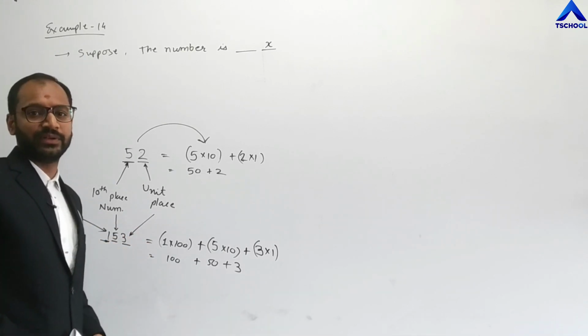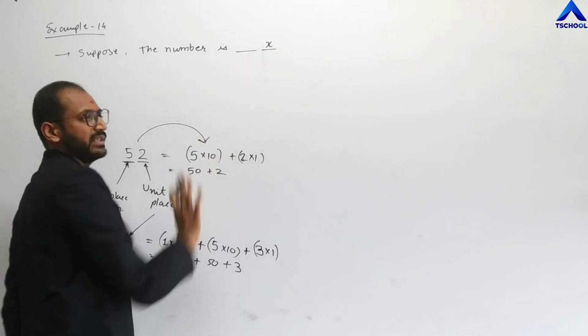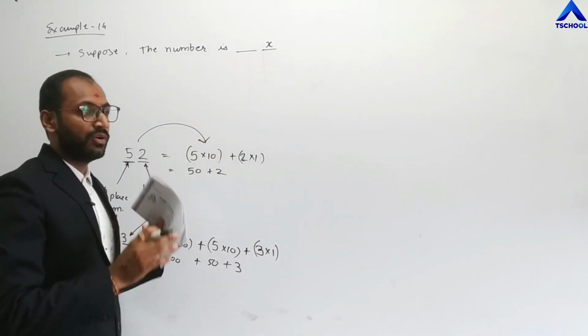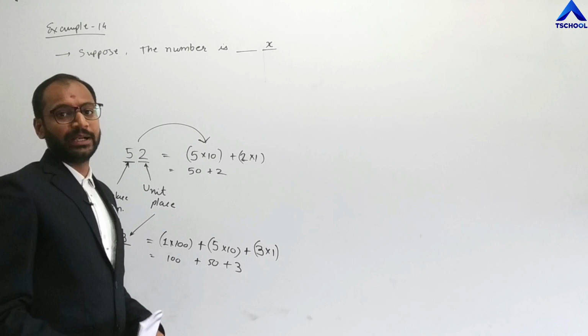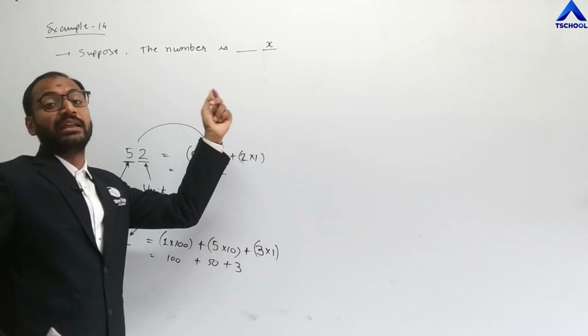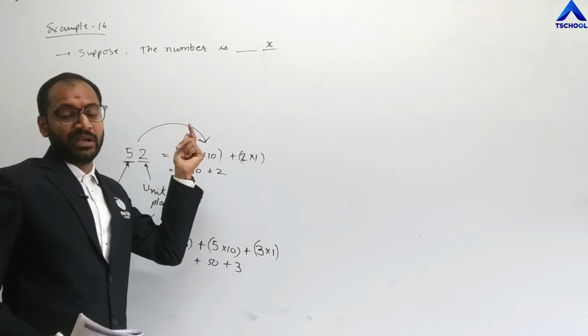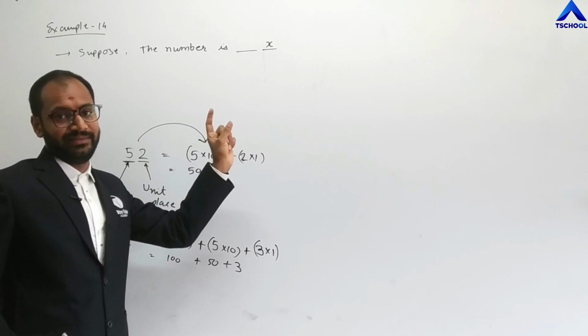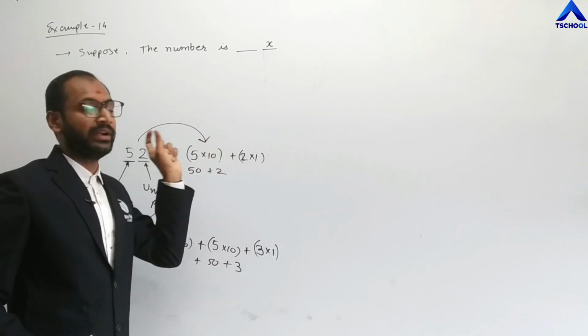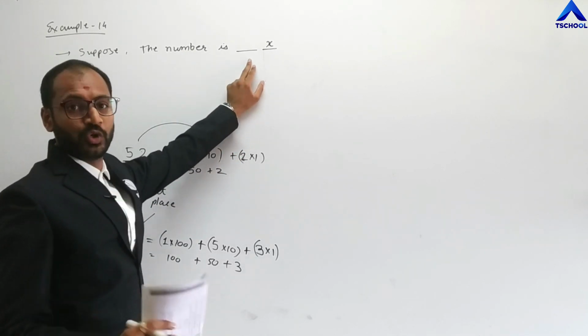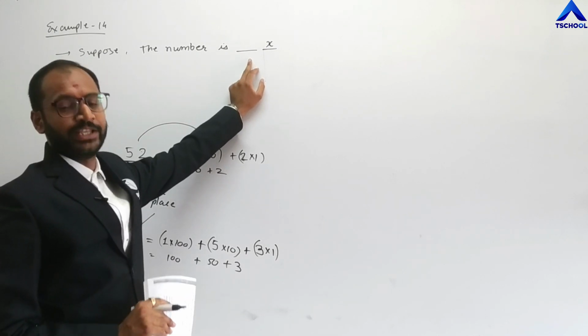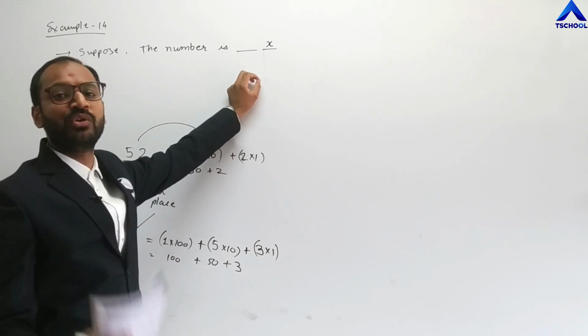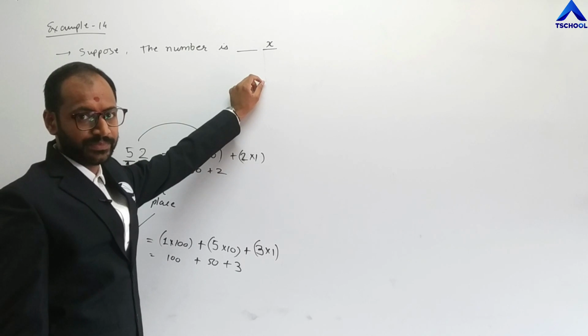You may take either, because the difference between the two is 3. There is no particular criterion that the 10th place digit is lesser or greater by 3, and no clue is given in the question. So you may take anything, and there is no change in the answer.